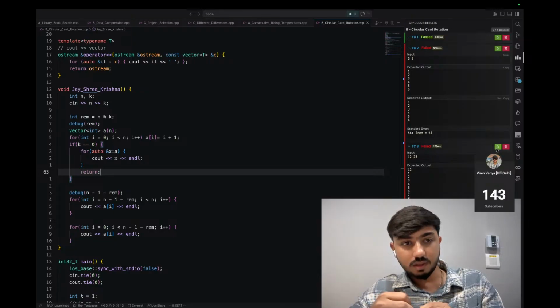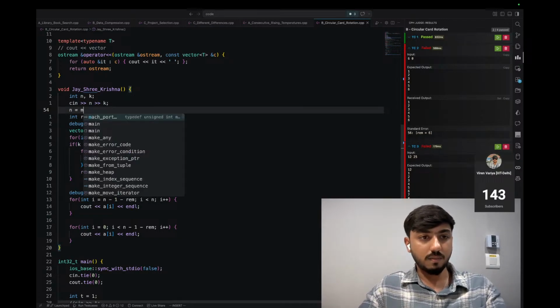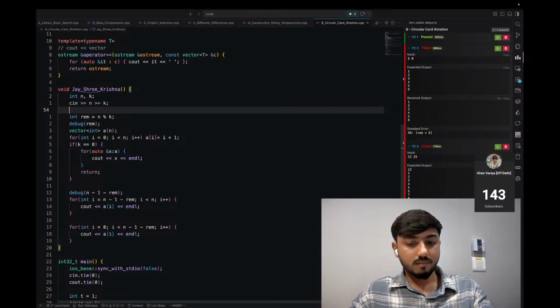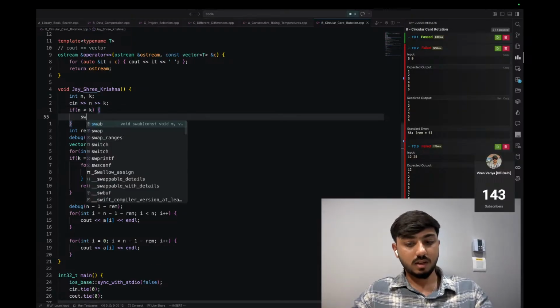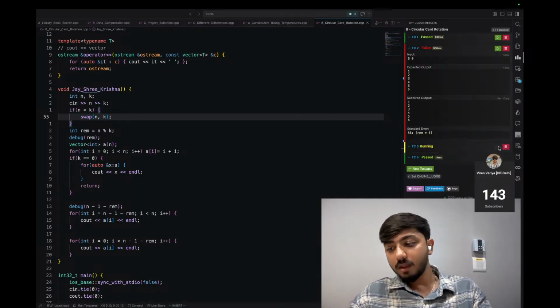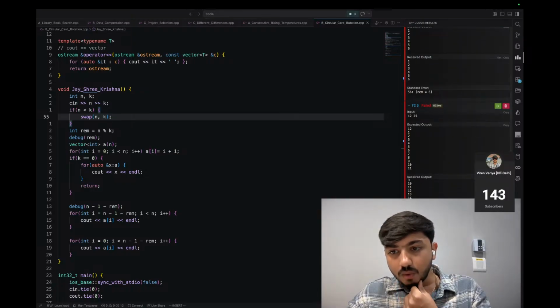We just need to do, if n is less than k, just swap. Cool.